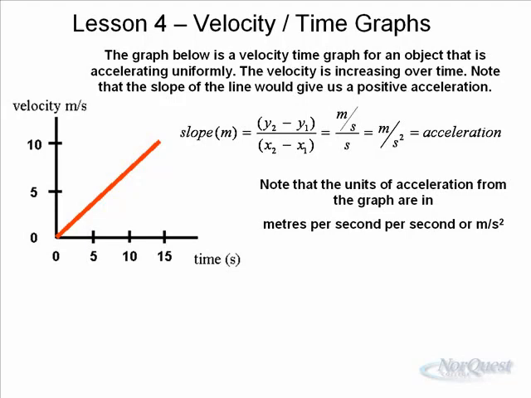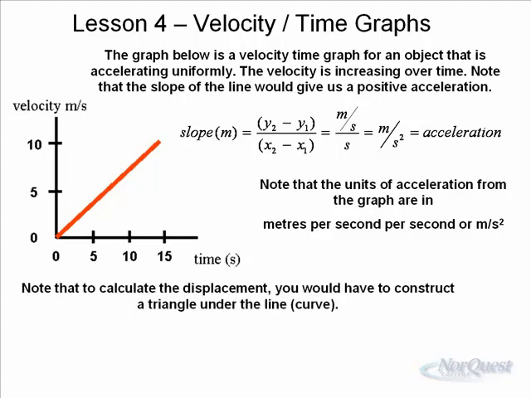Now, remember from the previous slide, the displacement is the area under the curve. So if, for example, we wanted to find the displacement after 10 seconds, we would have a triangle under the line at that particular point, 10 seconds. So at 10 seconds, we would draw a line straight up. Now notice the area under the curve in this case is not rectangular as it was when we had uniform velocity.